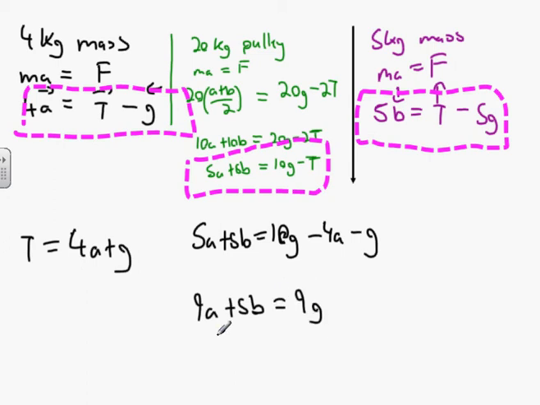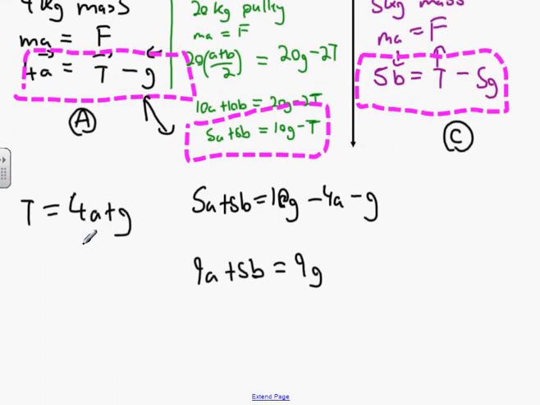That's a simultaneous equation with A and B. It was formed by using these two equations together, wasn't it? So we could form another one by mixing A and C together. Once again, I'm going to plug in what T is.